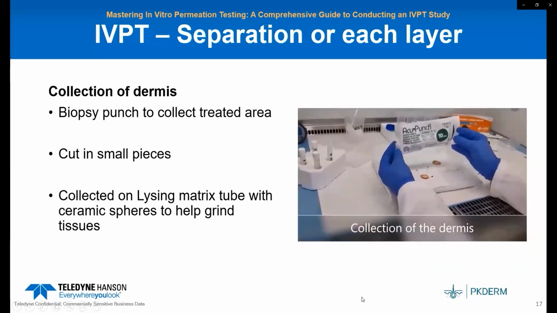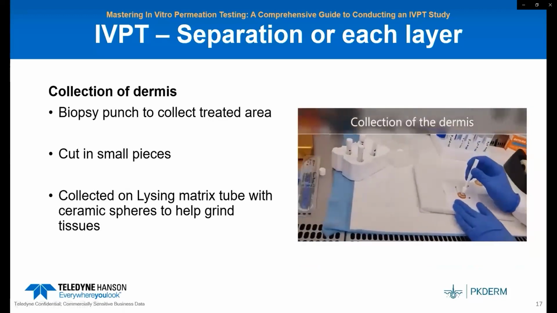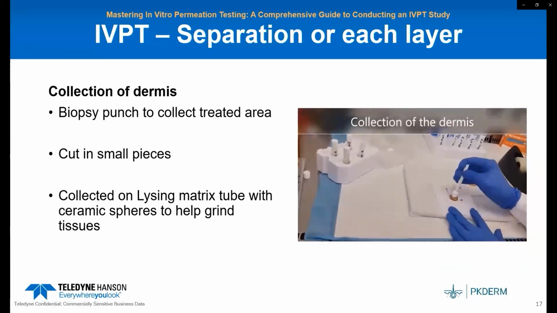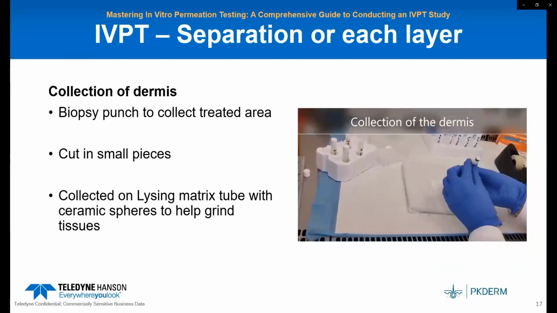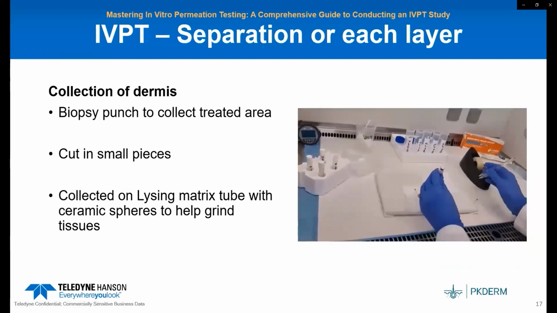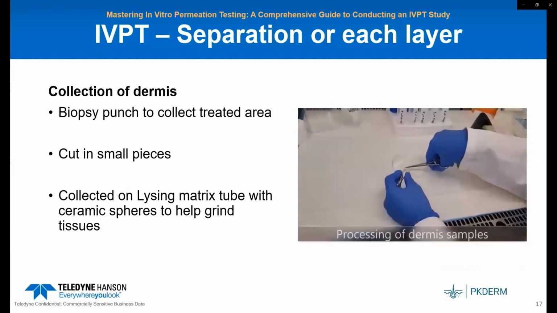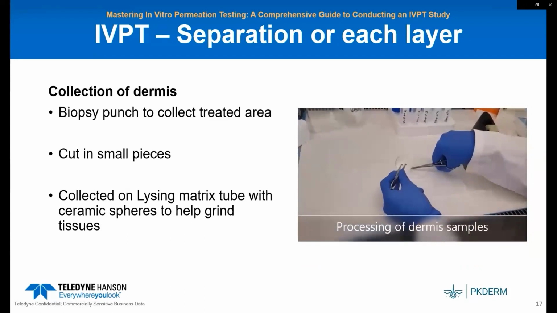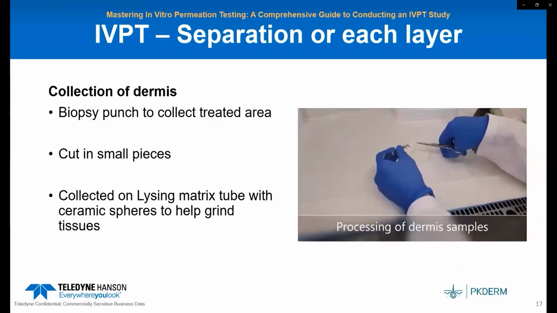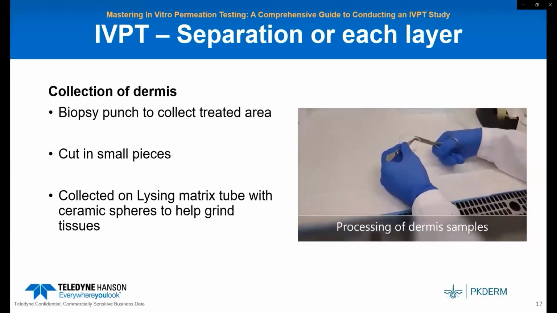To collect the dermis, we use a biopsy punch in order to collect the treated area of the dermis. And then the biopsy containing the dermis is cut into several small pieces using scissors and tweezers.